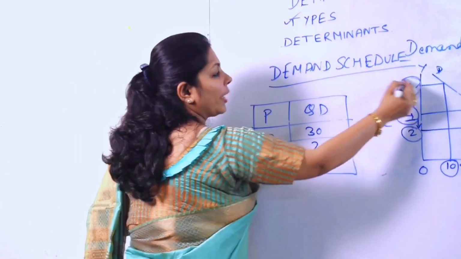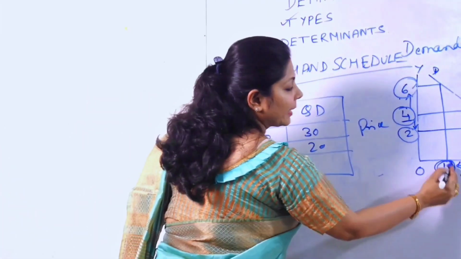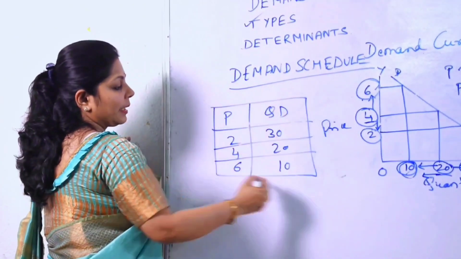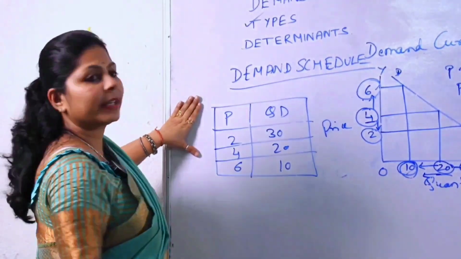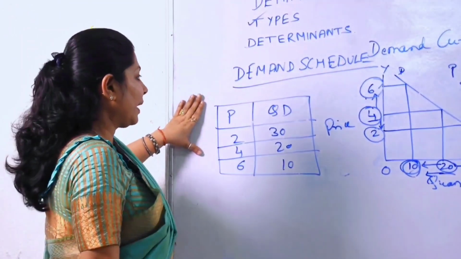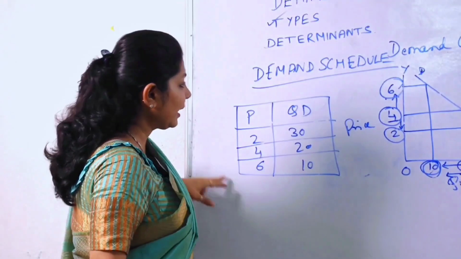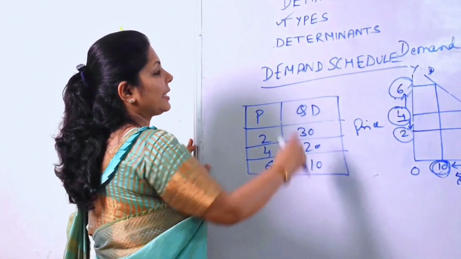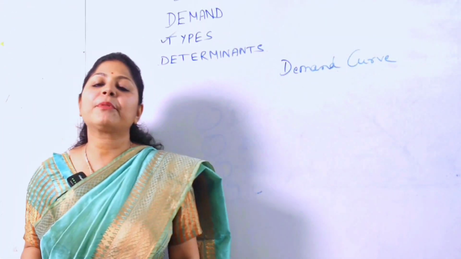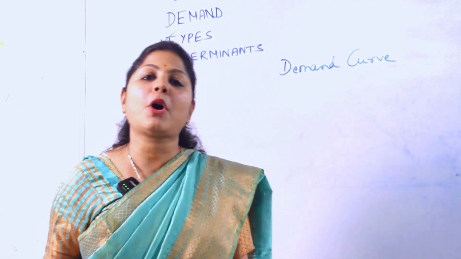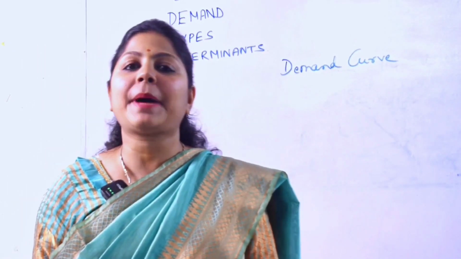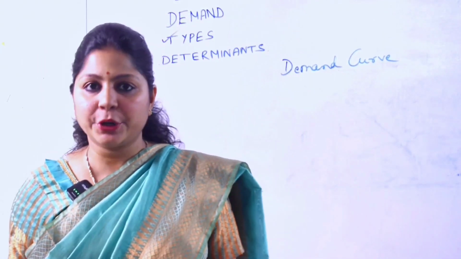When the price of the commodity is 6, quantity demanded is 10. So it shows the demand for the commodity by the consumer in relation to the price in a table form. That's why we say it's a demand schedule.